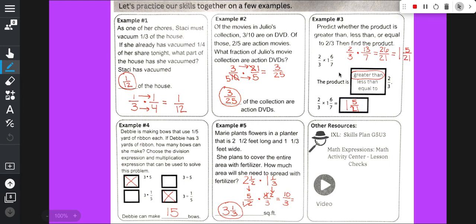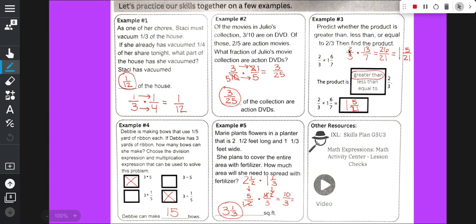The next one, predict whether the product is greater than, less than, or equal to 2/3. So if I'm looking at 2/3, I'm going to look at the fraction after it, 1 6/7. Because that is a mixed number, I know that my answer is going to be greater than 2/3 because we're multiplying by more than a whole.